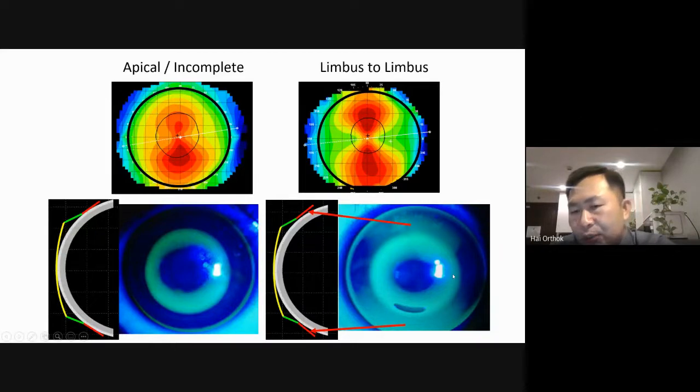So what does a toric lens, or dual axis lens, look like? It looks exactly like the picture you see here. We design the returning zone, or alignment curve, over here steeper and deeper, so it will lock onto the toricity area right here and right here.